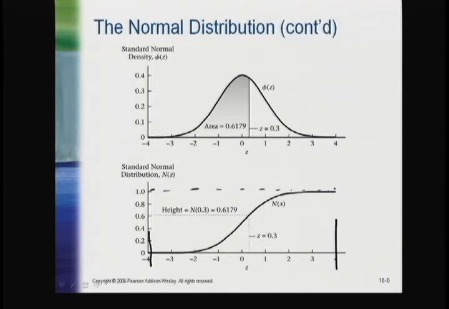And so we see the connection between area of the probability density function and the functional value of the distribution, namely that if we pick this particular value of c, the example shows the area is equal to about 0.62, and that's precisely the value for that z value on the cumulative distribution function.